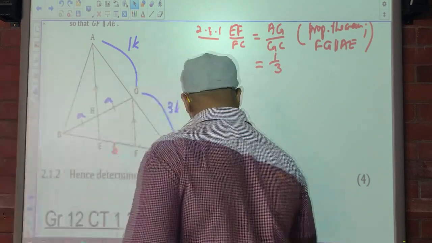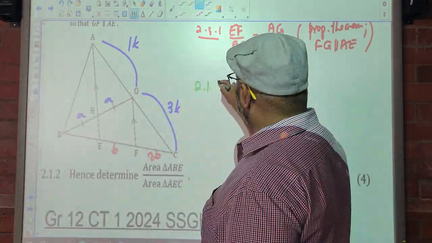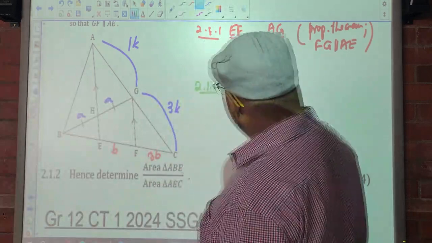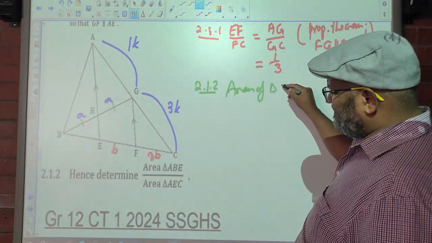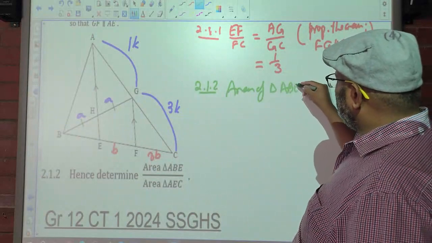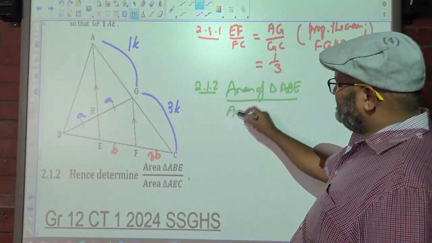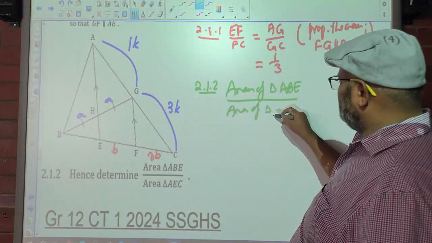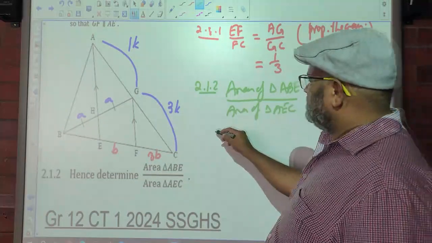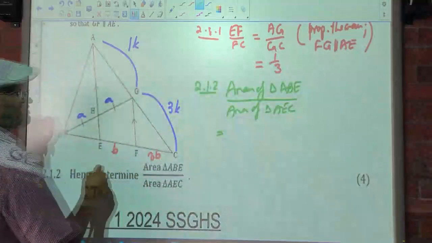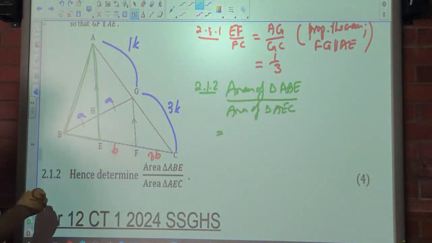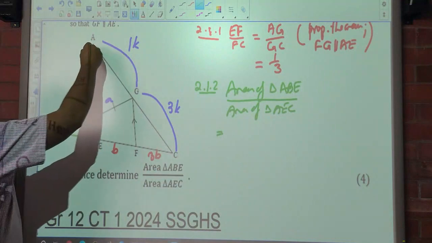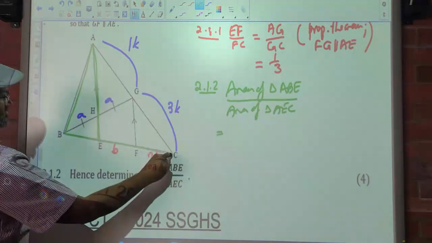Hence, determine the area of triangle ABE over the area of triangle AEC. So if I investigate and say, okay, ABE is that triangle, not so. And AEC is of course that triangle.